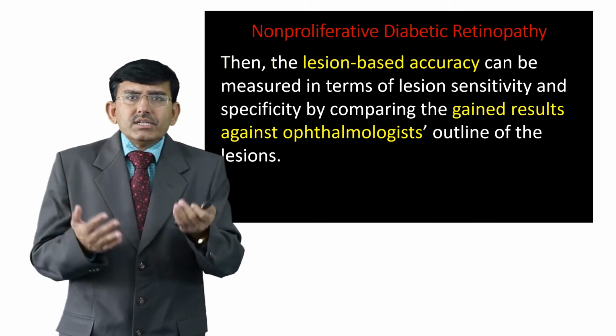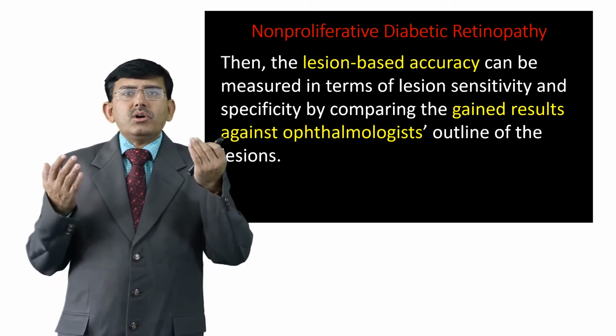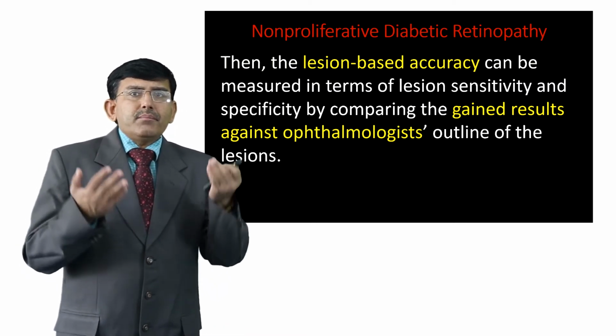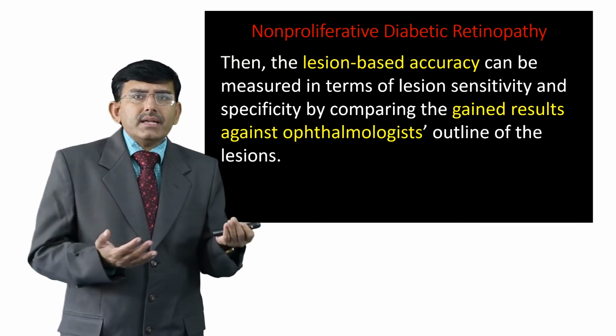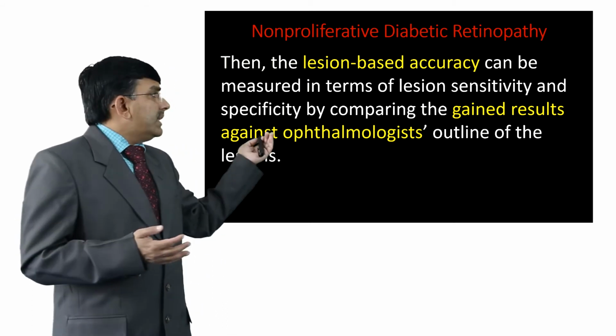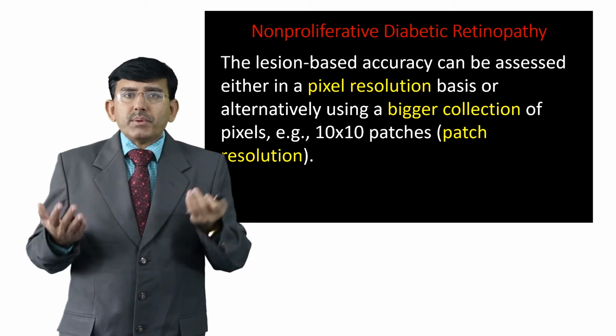Then the lesion based accuracy can be measured in terms of lesion sensitivity and specificity by comparing the obtained result against the ophthalmologist outline of the lesions, which has been captured through the segmentation process.